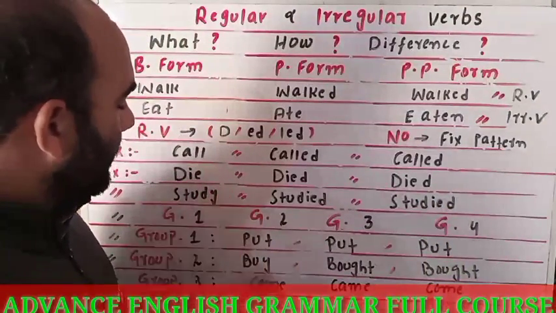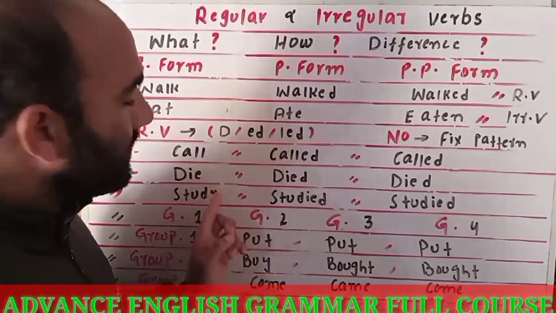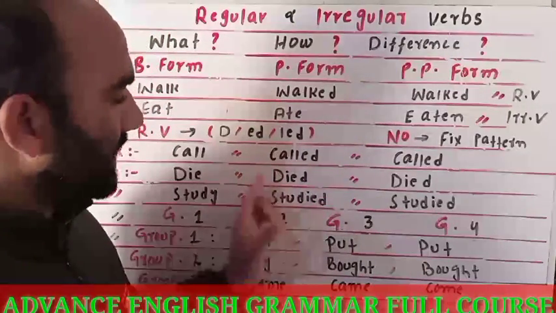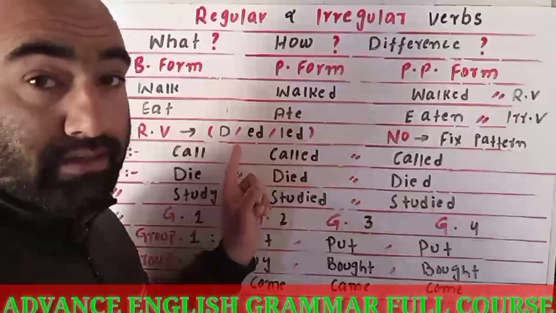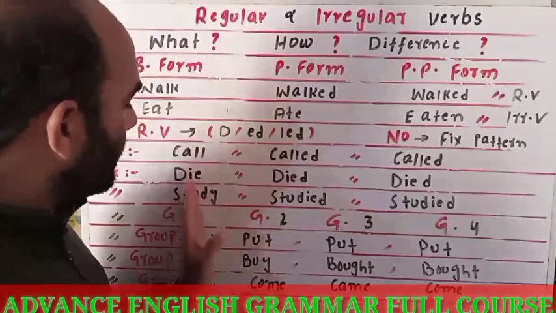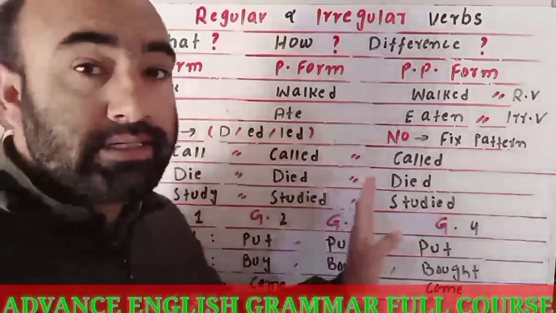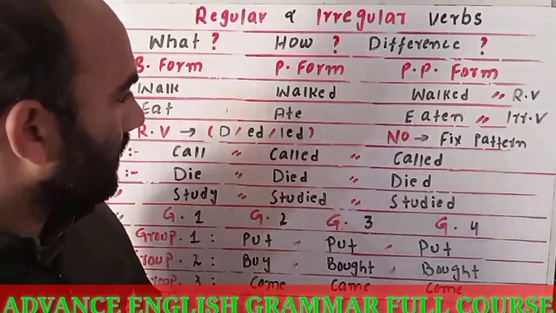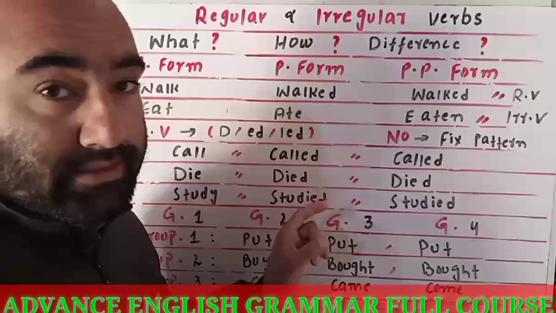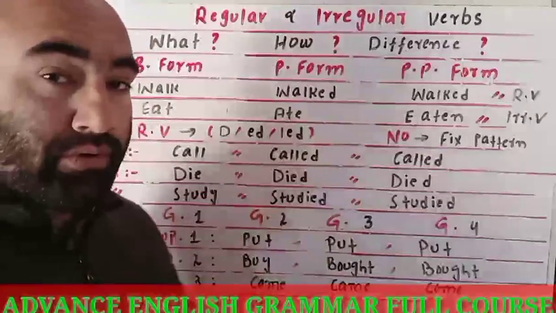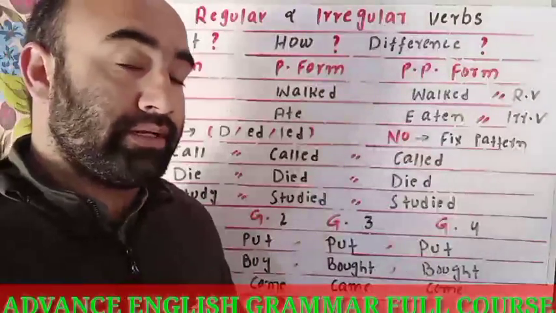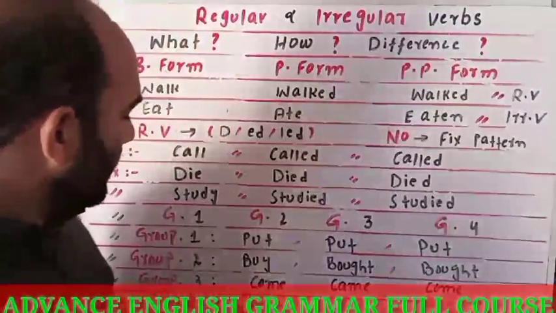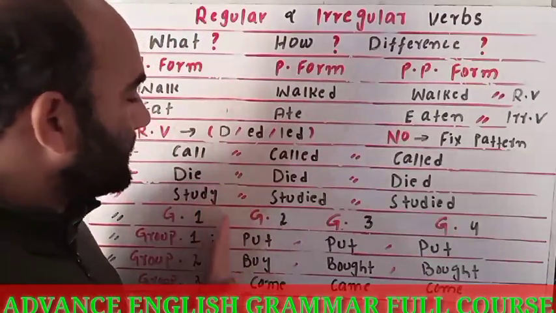Die. Whenever there is an e at the end of the verb, we will just add d. For example, die, died, died. This is the second rule for converting the base form of the verb into the past form and past participle form. Now you can see study.